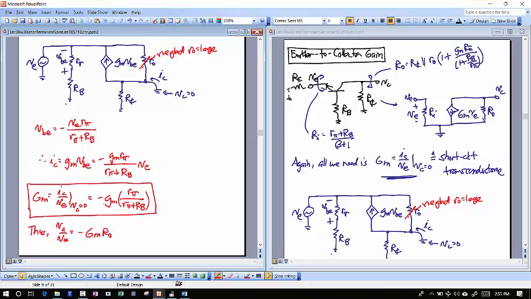But notice this GM is negative here. Right? And so if I had the case where RB equals 0, which is a common case, then capital GM would just be equal to minus GM. The minus sign on this GM cancels with the minus sign outside of this gain equation here.